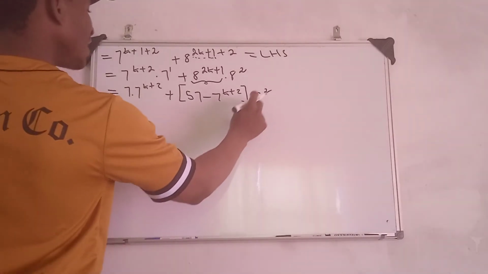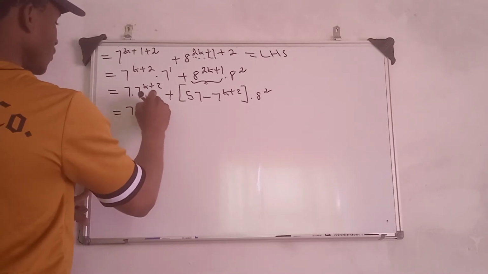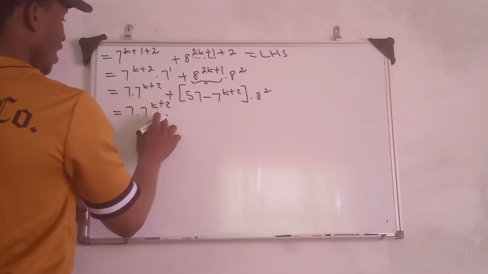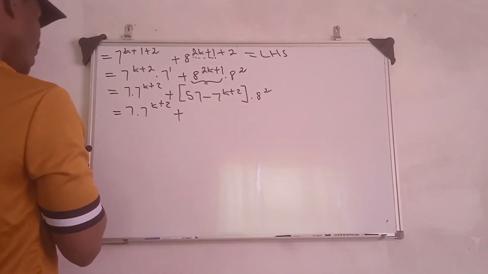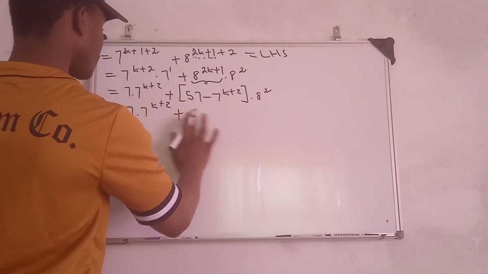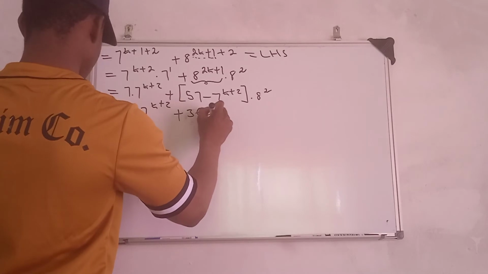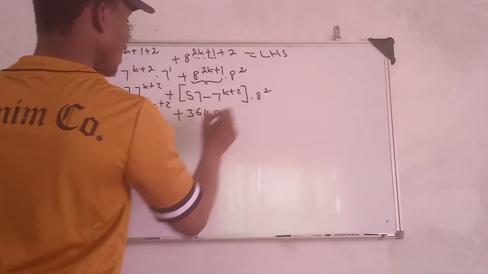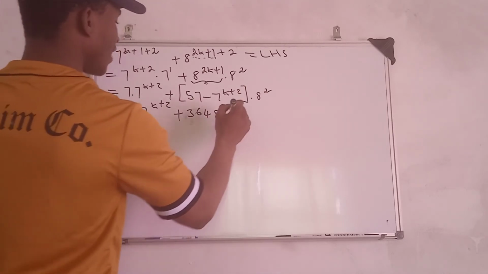So I can multiply throughout here. 64 times 57 is 3648, minus, but I cannot multiply this one because they are not the same.